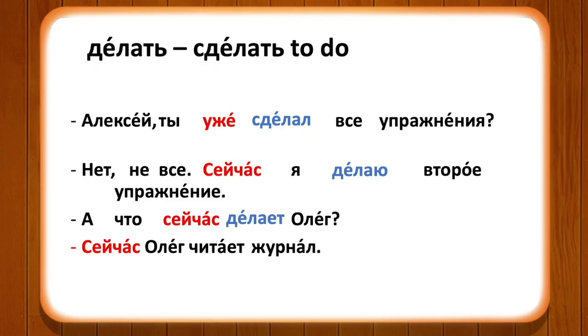Олег, он, so он делает. А что сейчас делает Олег? And what is Олег doing right now? Сейчас он читает журнал. In the answer, again we are using an imperfective verb читать. So right now Олег is reading a journal.